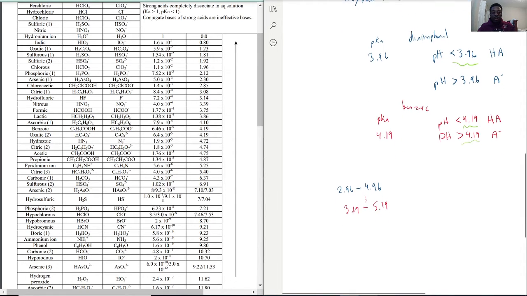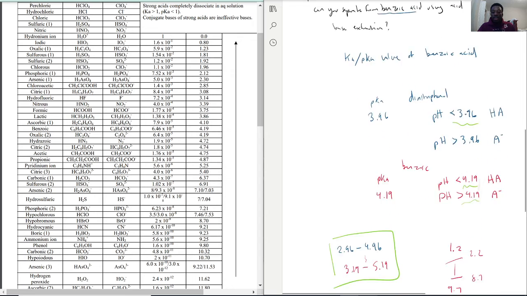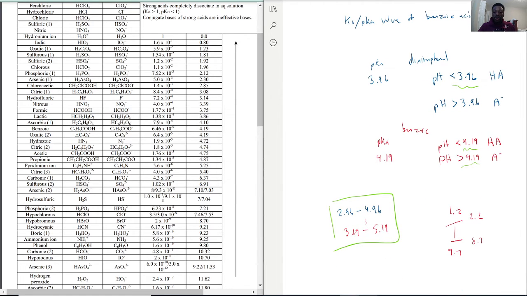If you're dealing with a weak acid and a much weaker acid, for example, one with a pKa of 1.2 and the other with a pKa of 9.7, this would be fairly easy to separate because we have so much space to work with, between 2.2 and 8.7. We know that those two are going to be completely separated. But this right here is so much overlap that you can safely say no. The answer is no.